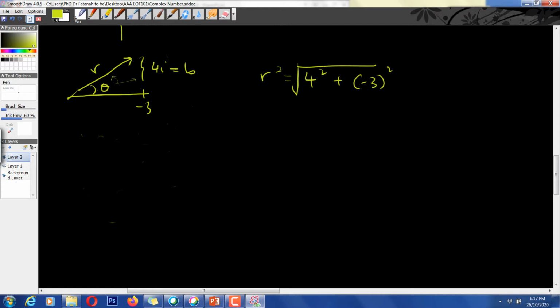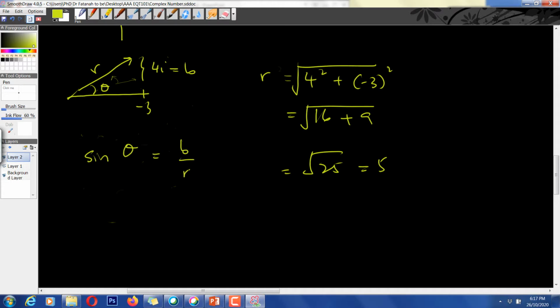That is the square root of 16 plus 9, so the square root of 25, which is 5. So R is 5. Now we know how to get theta. Sin theta equals B over R. We have R and B, so we can find theta.